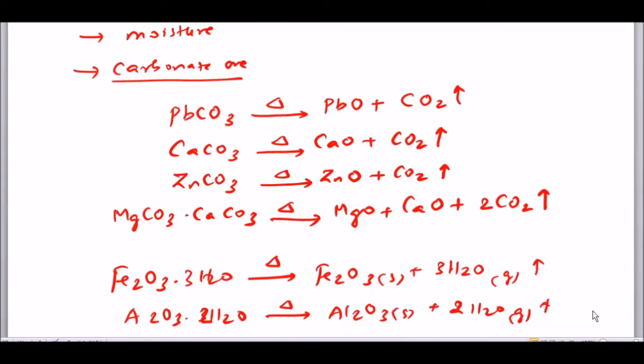In particular, in the calcination procedure, the ores are heated in the absence of air. Air supply is not there. And after the conversion of ores into their own oxide, the next procedure must be the reduction of these oxides.